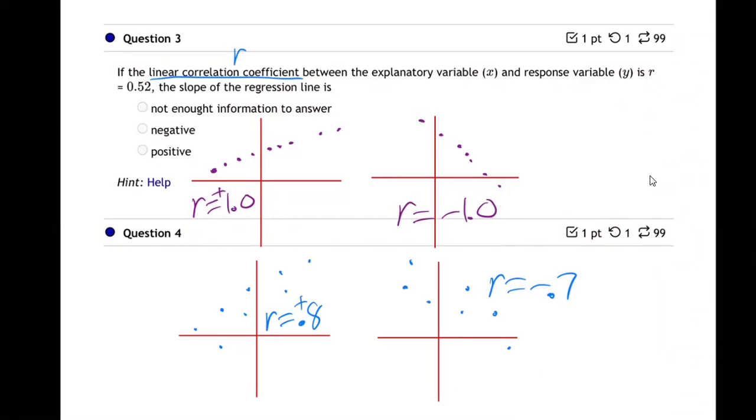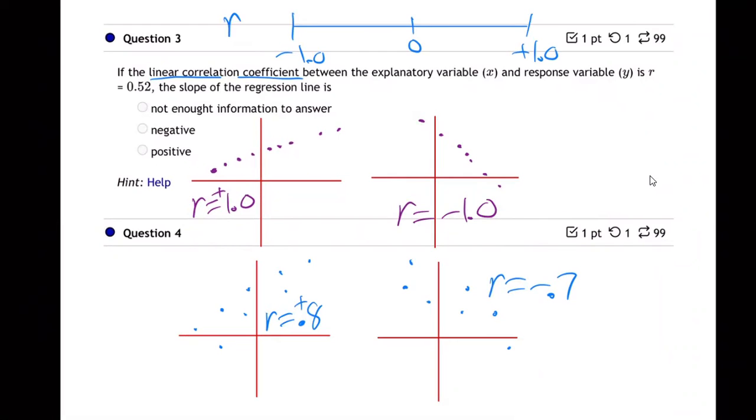So another way you could think of R is R goes from -1 to positive 1.0 with 0 in the middle. So this is the scale. This is the R scale.